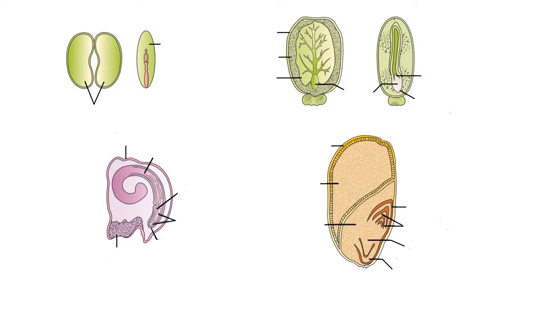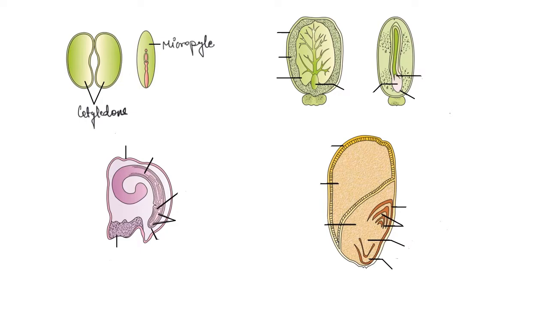As the ovule matures into seed, the ovary develops into the fruit, right? Here we'll see some diagrams. In the very first diagram, these are the structures of seeds. Here you can see the two cotyledons, and this is the micropyle.